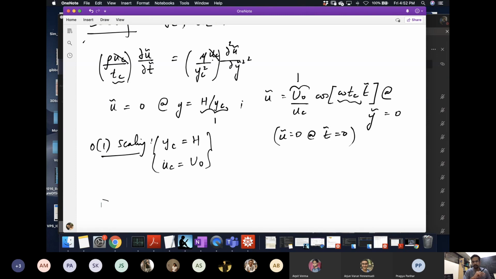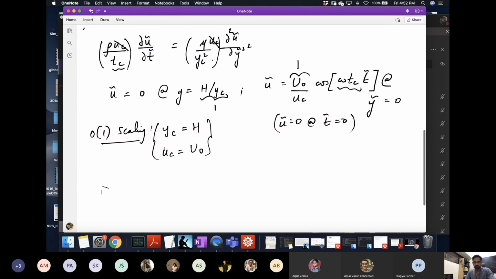In that case, the mucus layer is thin. We are interested in the flow throughout that mucus layer, and because it's thin and viscous, we expect the viscous terms to be important. We don't think in any case that we can neglect those terms. So what we will do is divide the equation throughout by mu over y characteristic square, so that we get a non-dimensional group in front of the time dependence.